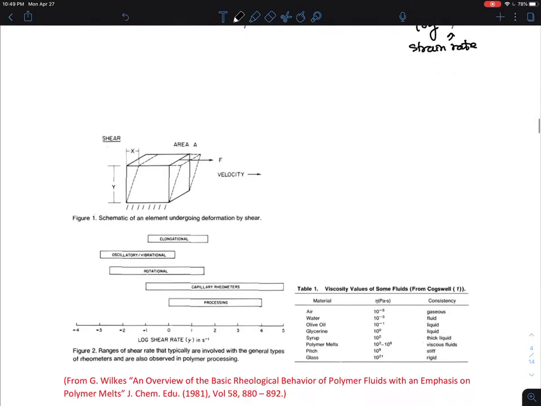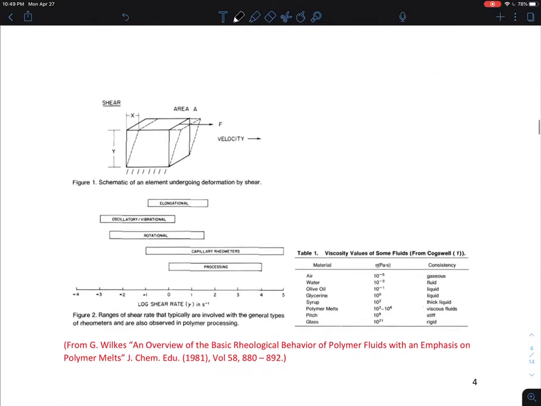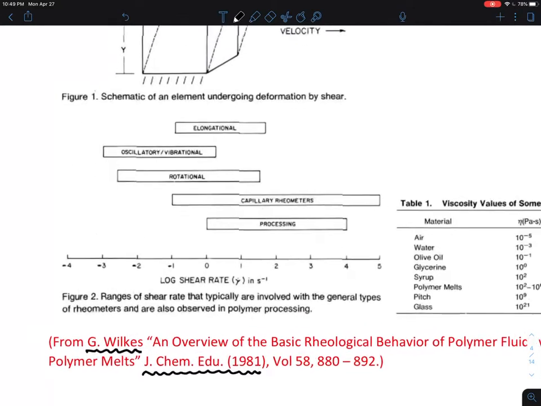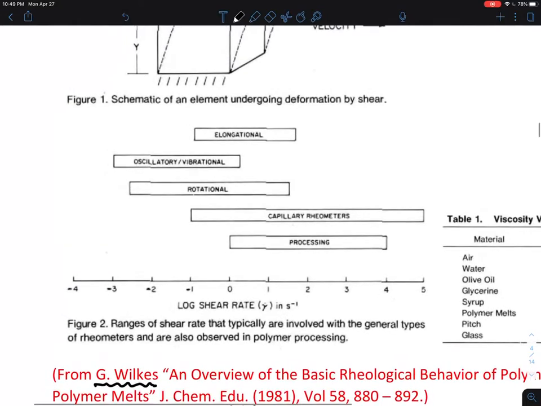And I also found a book, and this is a book by the very well-known polymer rheologist Garth Wilkes, at Virginia Polytech, and he actually wrote a Journal of Chemical Education article with this title, and I like this because it gives some very interesting, nice summaries about how people do the shear rate.